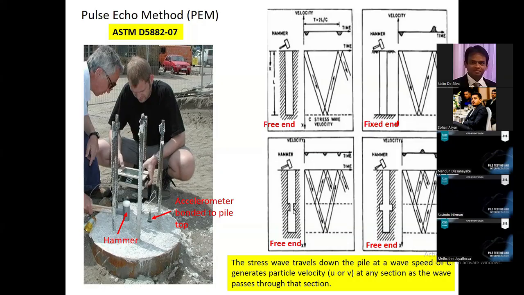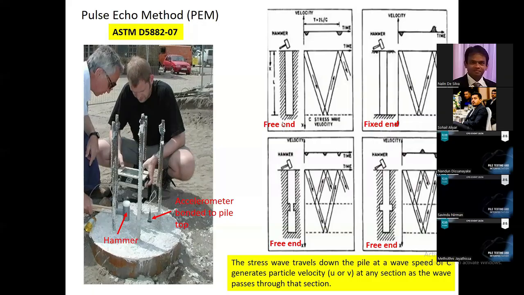This is necking. It's a reduction of the pile diameter. And this is another issue where you have bulging, right? Enlargement of the pile diameter. This is a defect, but it will not affect the pile integrity or capacity. So in these 4 cases, let's see what will happen to the reflected wave.